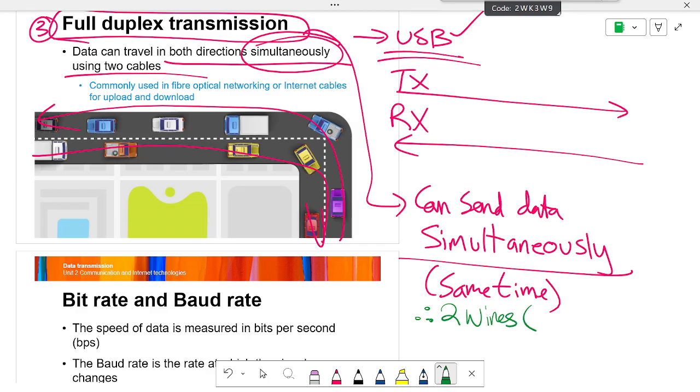What are the names of those 2 wires? What is the notation for sending and receiving? What is the sending wire called? The transmission. Yeah. It's transmit and receive. Okay?